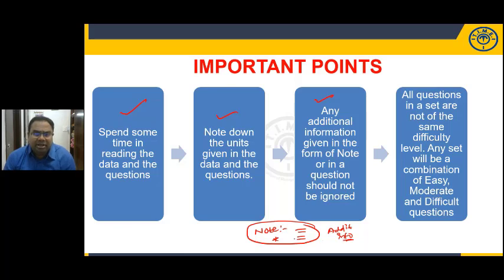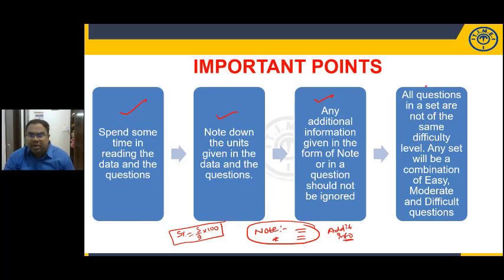Based on this information, there might be one or two questions. Sometimes if you miss this information, all the questions might go wrong. It may be in the form of a note, or he might give, let's say, savings percentage is savings by income into 100. Some definitions or formulas will be given. You must read that information.